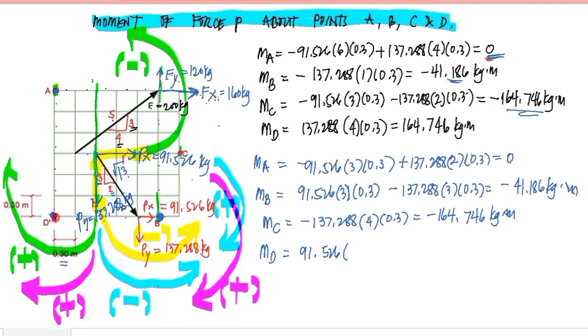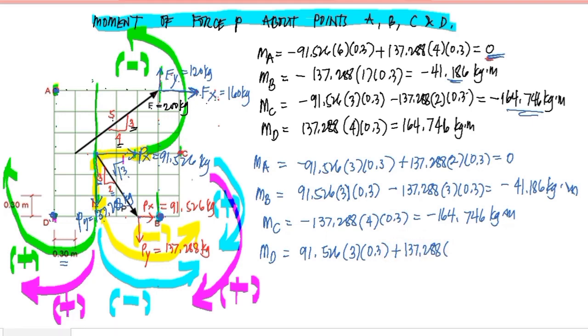As you can see, this is our point B. This is the line of action of Px, so this is the perpendicular distance, and that's 3 blocks. So we have 3 times 0.3. And Py will also rotate clockwise, and that's positive 137.288, multiplied by the perpendicular distance.